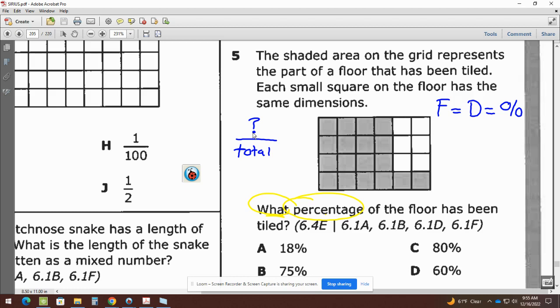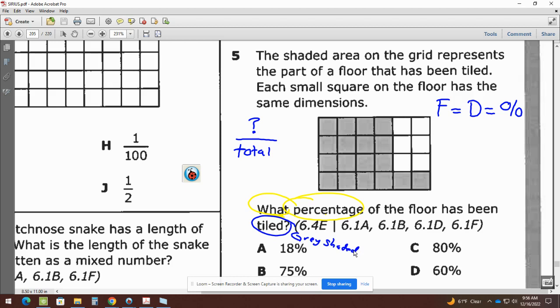First of all, I cannot assume that the gray is tiled. I have to go read so they can tell me what's the shaded and what's the not shaded. So I have to read. And it says here, the shaded area of the gray represents the part of the floor that has been tiled. So now I feel comfortable that the gray part is the tiled. So they are asking me about the tiled, which is the gray part, or the shaded.